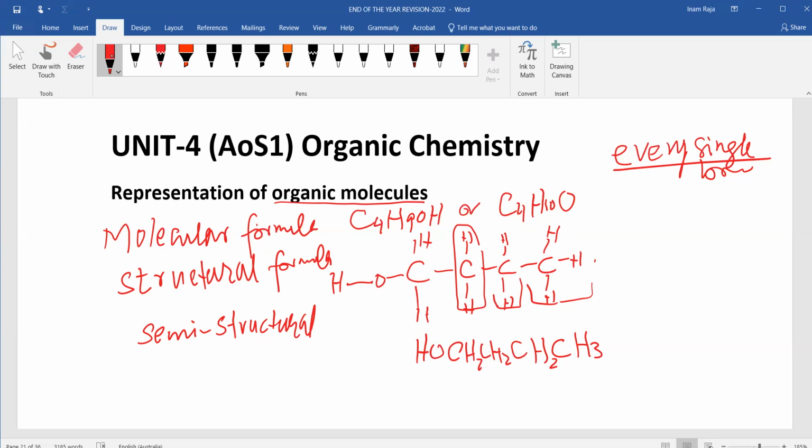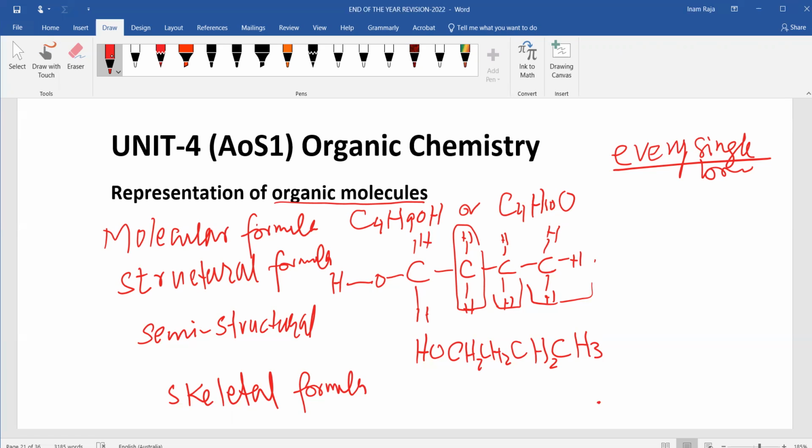And then there is the skeletal formula. Many students think that this is not important, but trust me, there are questions where they ask you to write a skeletal formula, or they give you skeletal formulas and they expect you to know everything. In this case, each corner is 1 carbon, and hydrogens we don't show. Other than hydrogen, if you have OH, Cl, or a double bond, you need to show it.